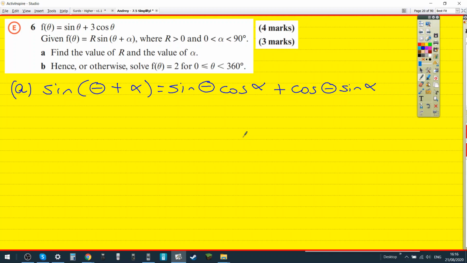And so here, do we know that cos alpha is equal to 1? Yep. And sine alpha equals 3? Yep. And so tan alpha is equal to 3? Yep.